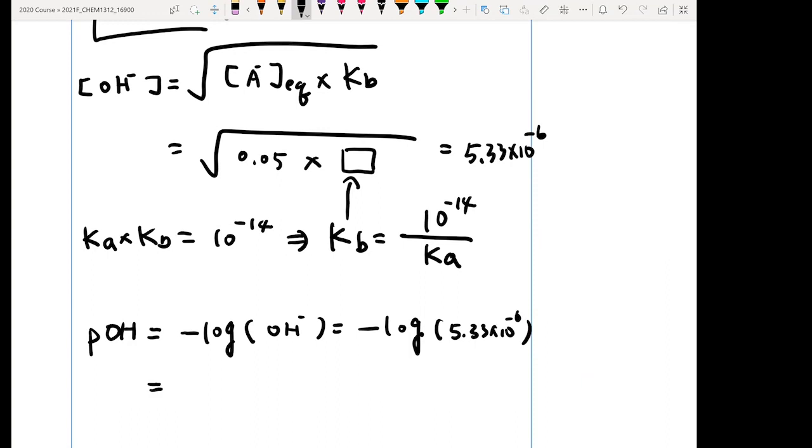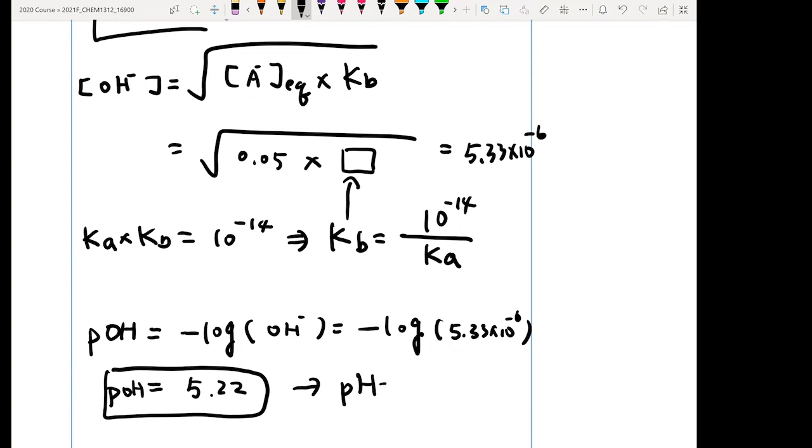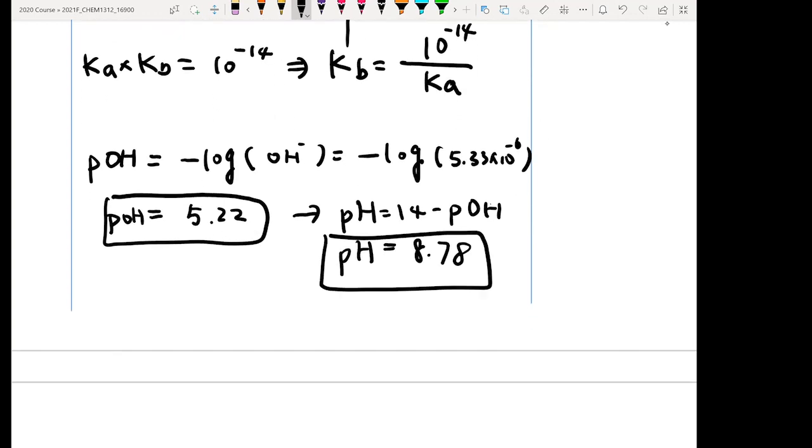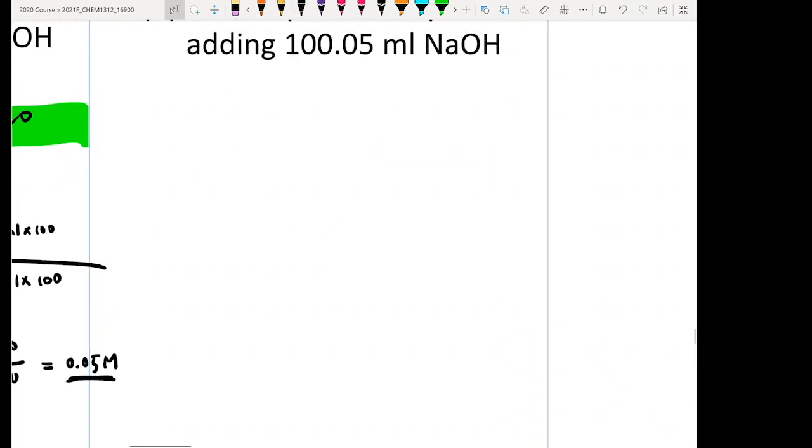And you are going to get a value of 5.22. So your pOH is going to equal this. Therefore, your pH is simply 14 minus your pOH. So your pH is going to equal 8.78. So that's how you calculate the pH of zone 3. Zone number 4.